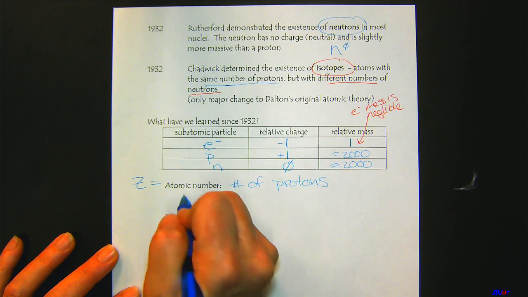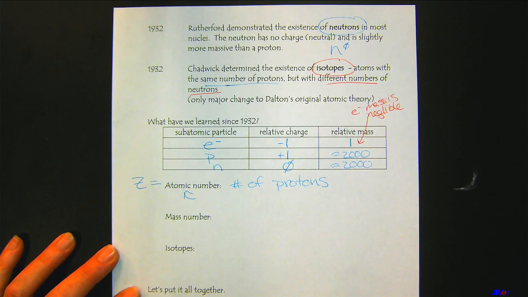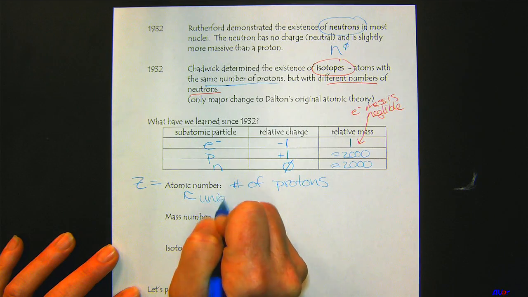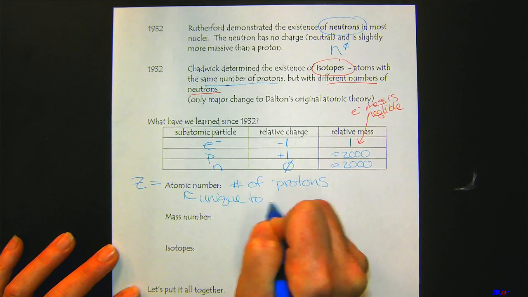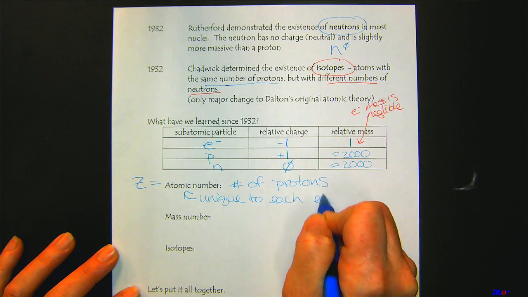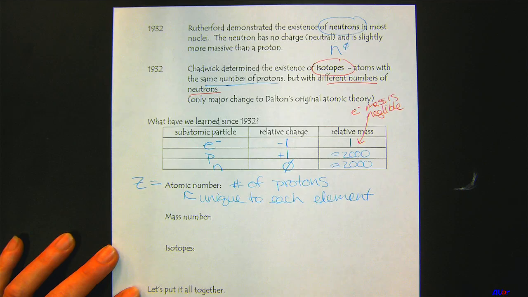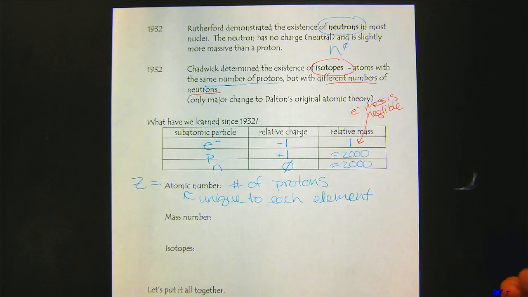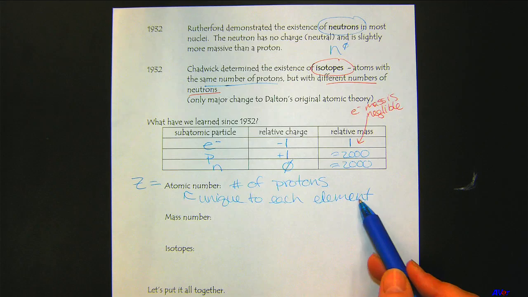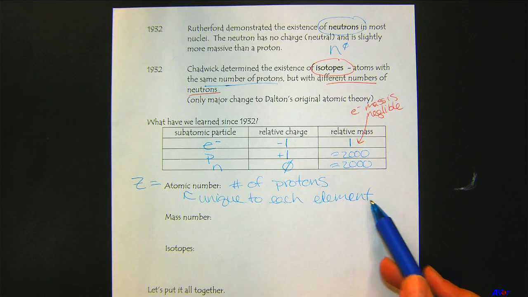And so the atomic number is unique to each element. So if I'm an element and I only have 1 proton, I have to be hydrogen. Atoms with only 1 proton are always the element hydrogen, right? This is how we know what element we're talking about.